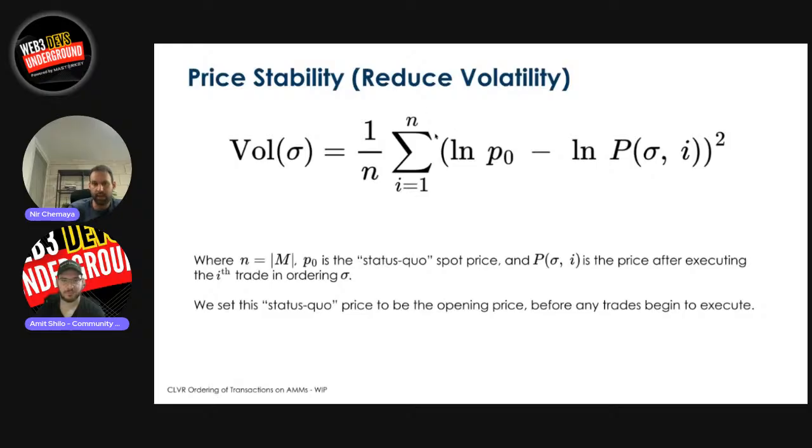We take the initial price, P0, the price that the pool starts with, and we take each transaction, and after executing each transaction following a specific order, we calculate the new exchange price. So this function gives us the average price volatility for a specific order of transactions.